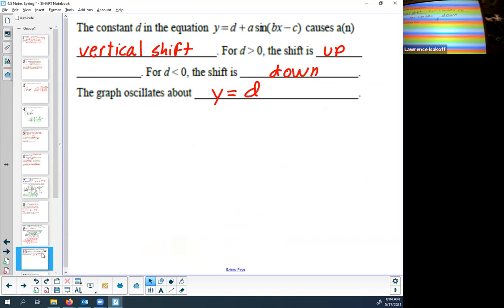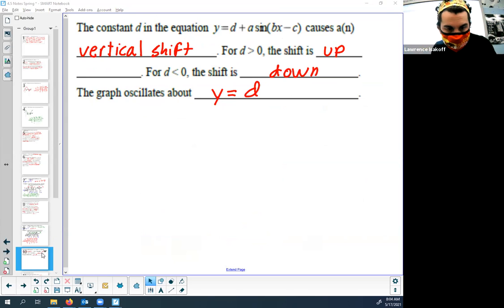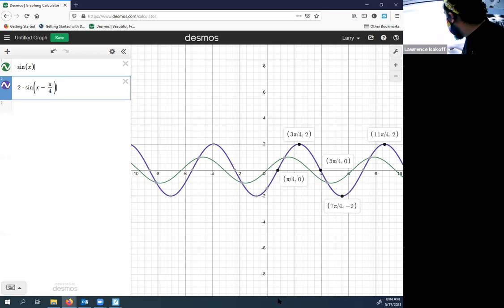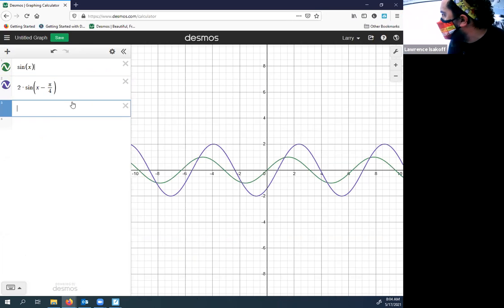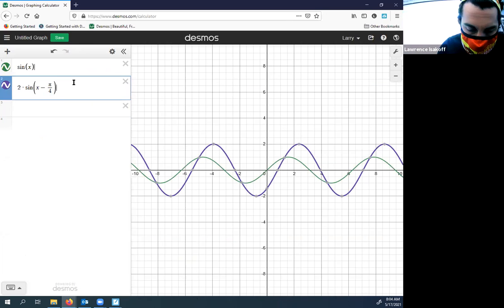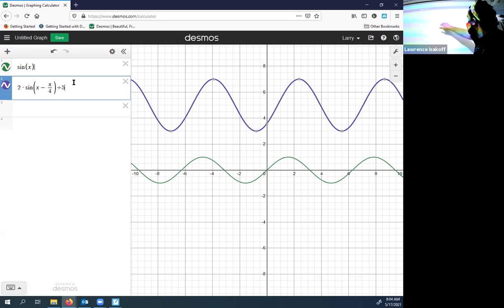Okay, vertical shifts, all you're doing is adding something to the end. That's really easy. So like if I say a plus 5, let's do it to this. The center line is just going to move up 5. So we notice it kind of has that balancing center line.